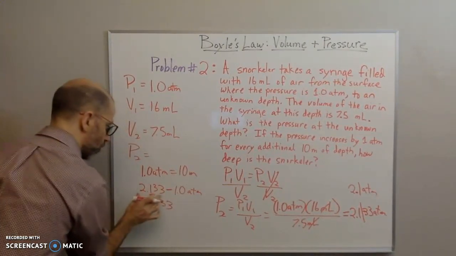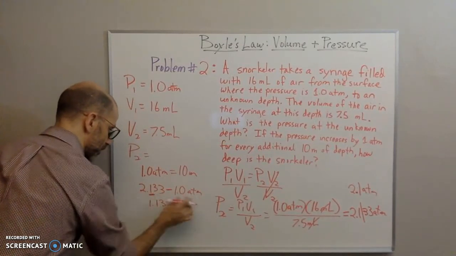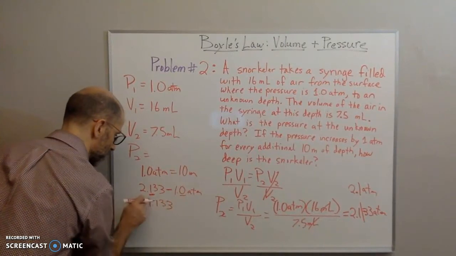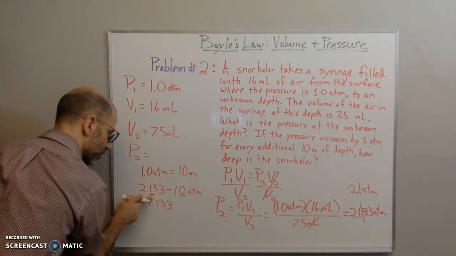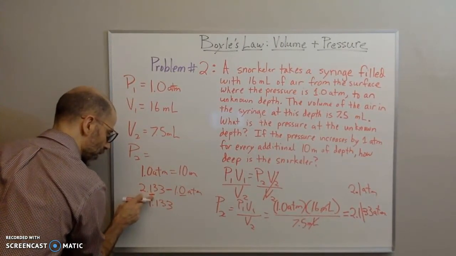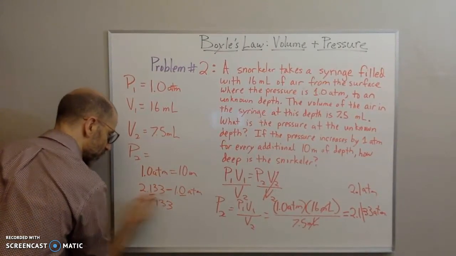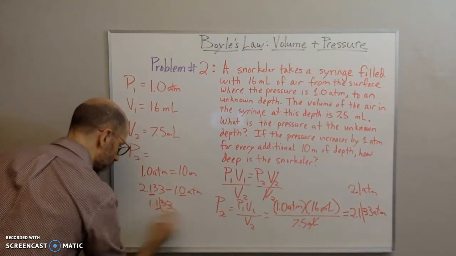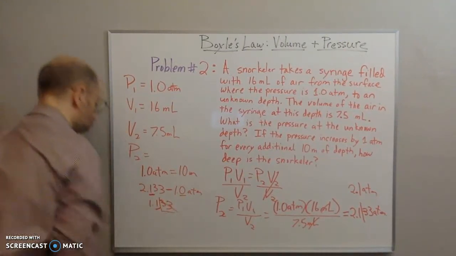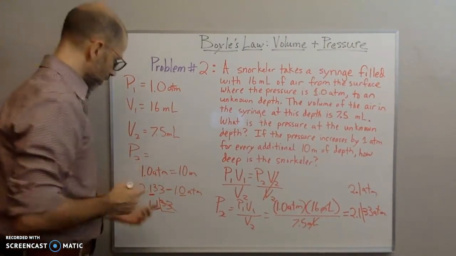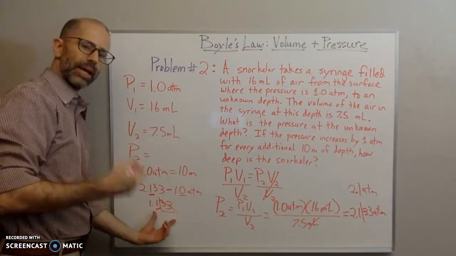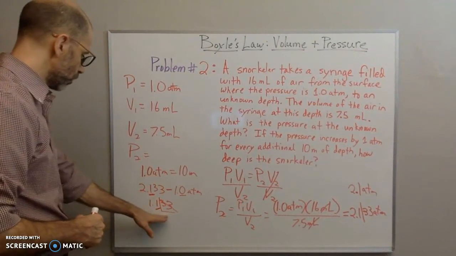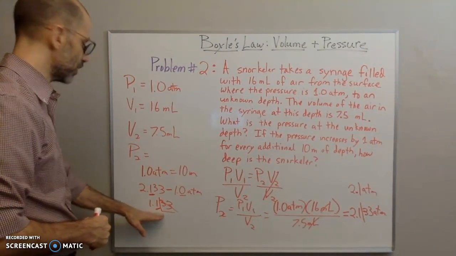Because I'm subtracting, I'm looking only at decimal places. I have 1 decimal place here, so I'm only allowed 1 decimal place, so I get rid of that. So 1.1 is what I have, but I'm going to keep the 1.133 in my calculation because I don't want a rounding error.